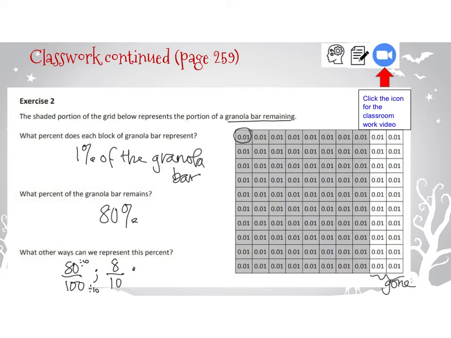So that's reduced. And I could also reduce that, dividing top and bottom by 2, and I get 4/5, right? Then I could multiply top and bottom by 4, and I get 16/20. So there's lots of different ways. It doesn't say how many, but I've done quite a few.